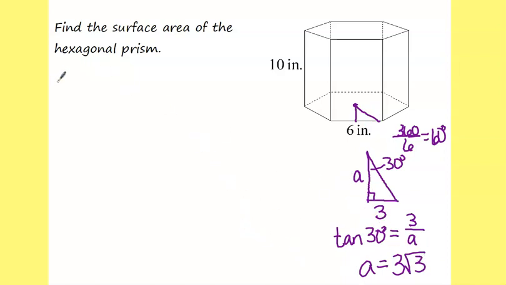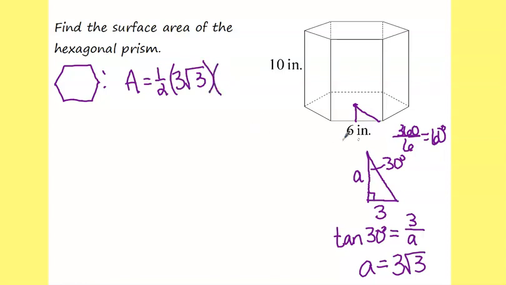So we can find the area of our hexagon by doing 1/2 the apothem, so 3 times the square root of 3, times the perimeter. The perimeter of my hexagon, if we have 6 sides that are 6 inches, that's going to be 36. If I multiply that all out, I'm going to end up with 54 times the square root of 3. So that would be the area of one of the hexagons.